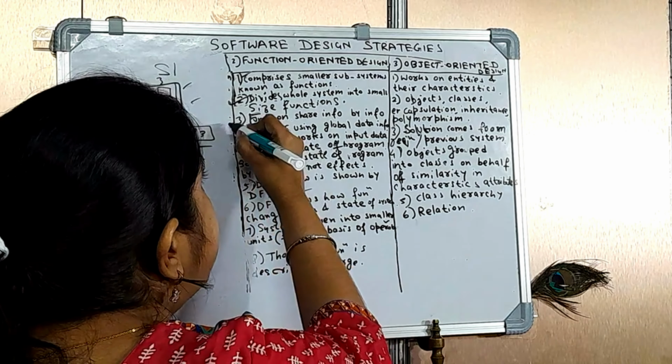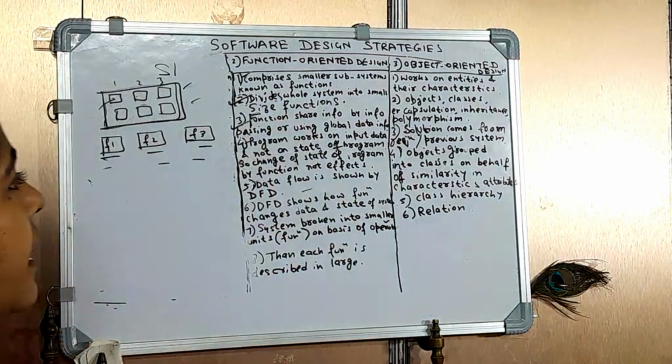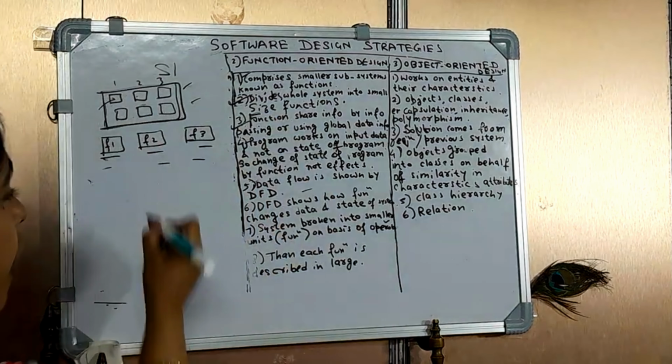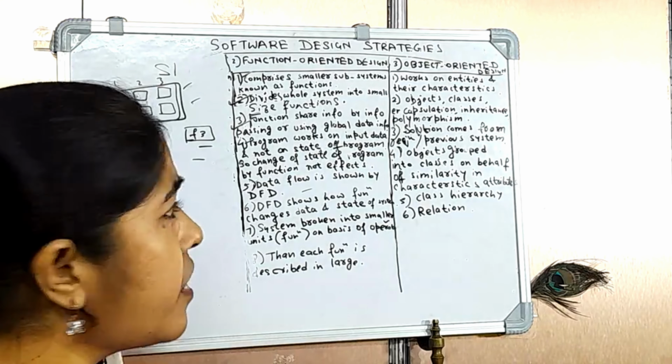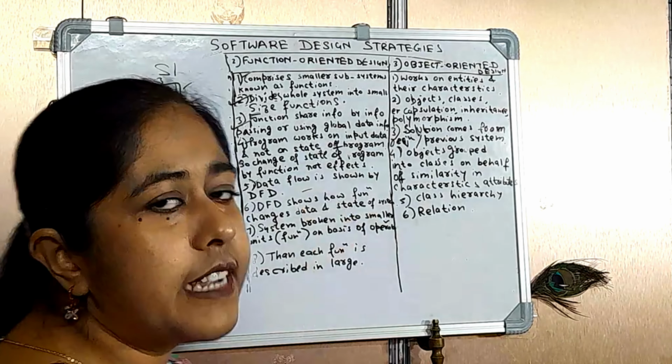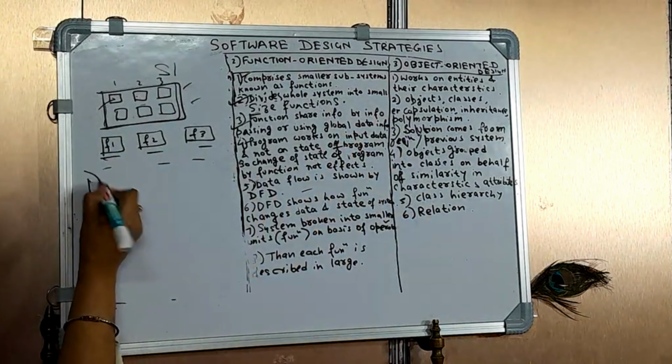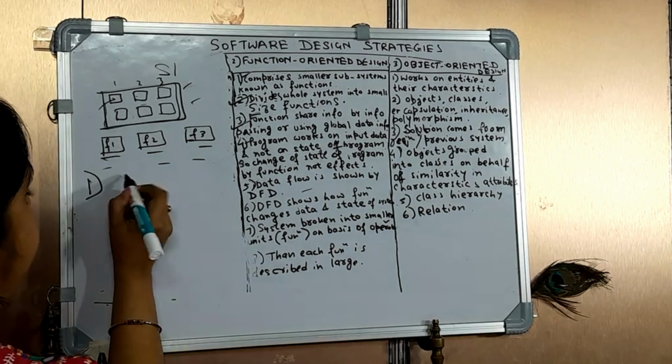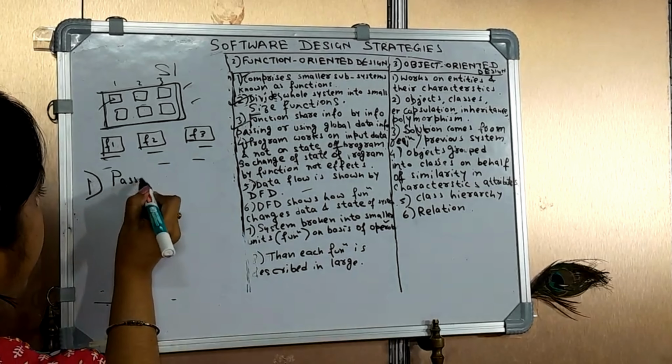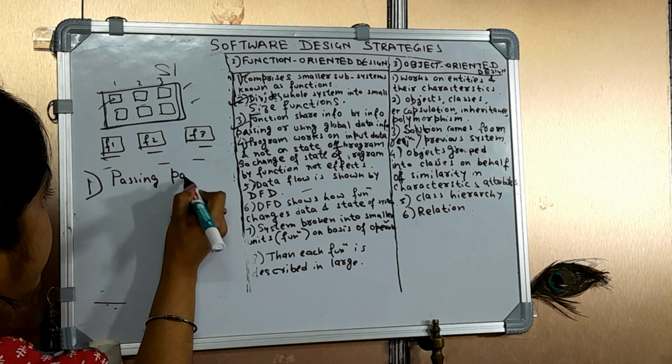Third, functions share info by information passing or using global data. How do they share their information? Information can be shared, that is data sharing. The first way is passing parameters.